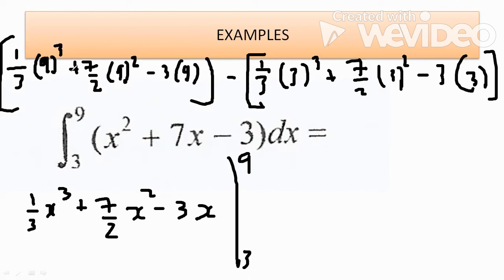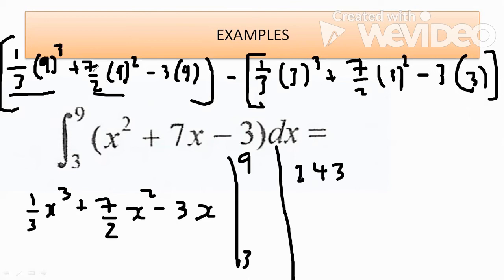So 729 times 1/3, or you just divide it by 3, gives you 243. All right, so we have, but this piece here, so is what? 243. So I'm working out the first bracket. So 9 squared is what? 81. All right?